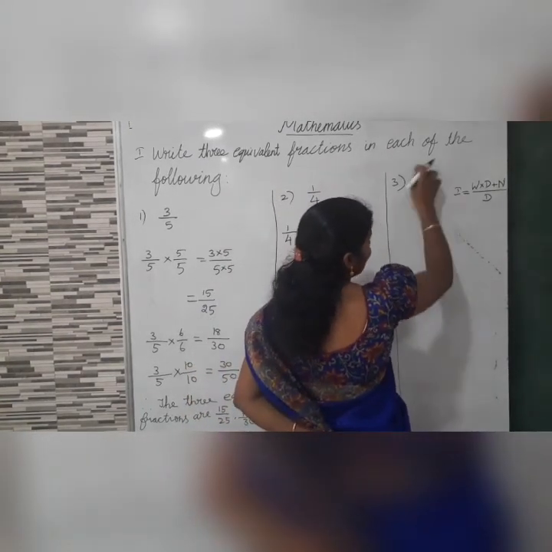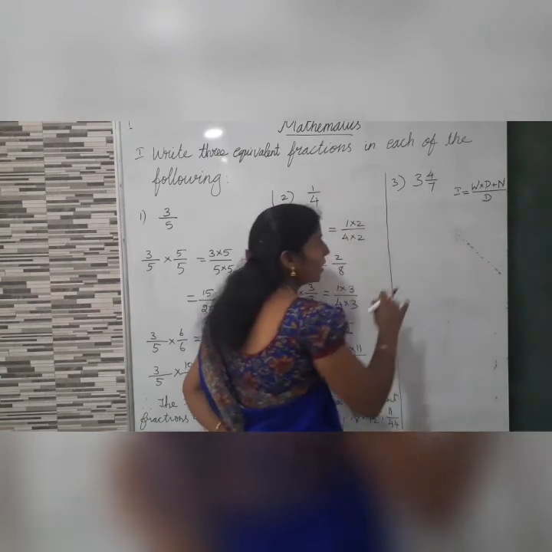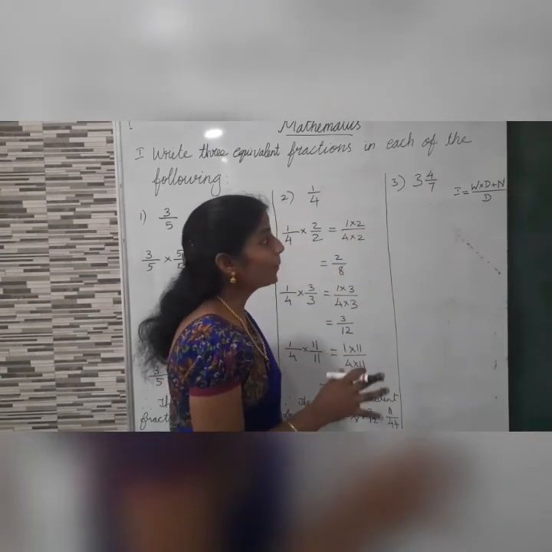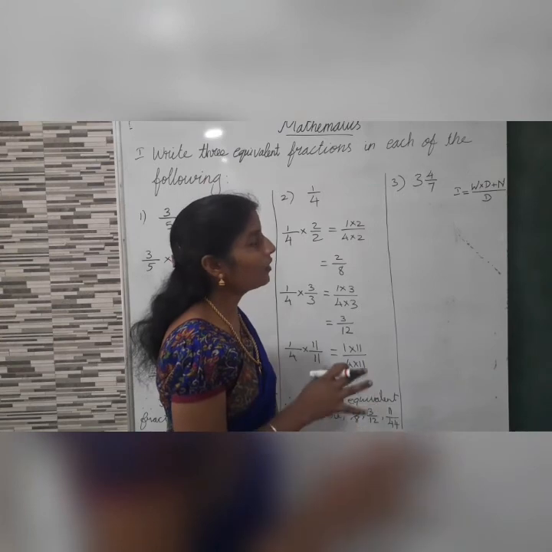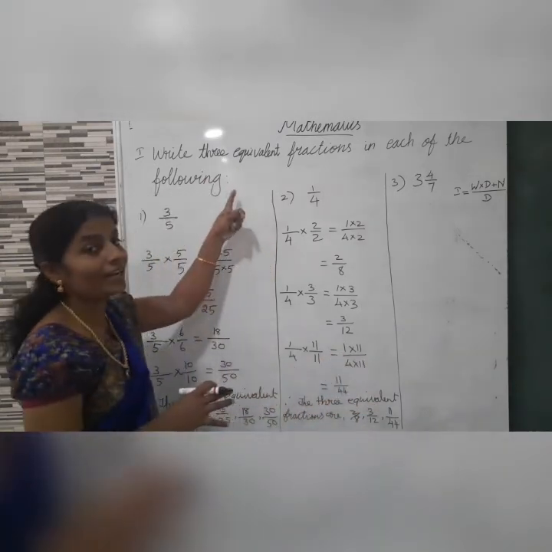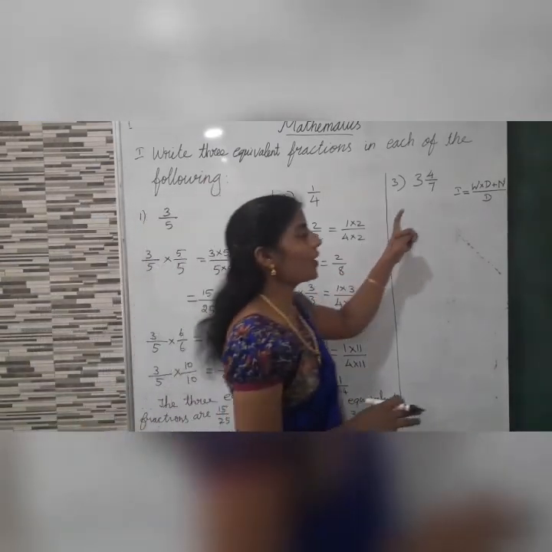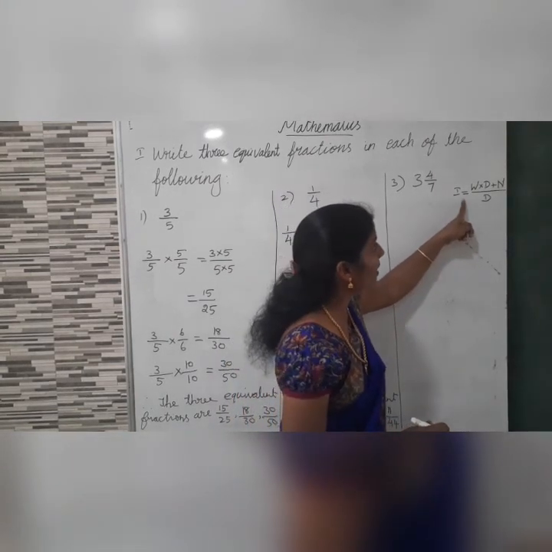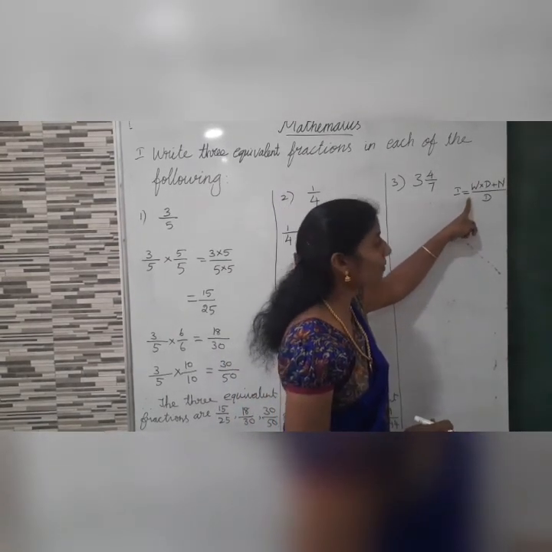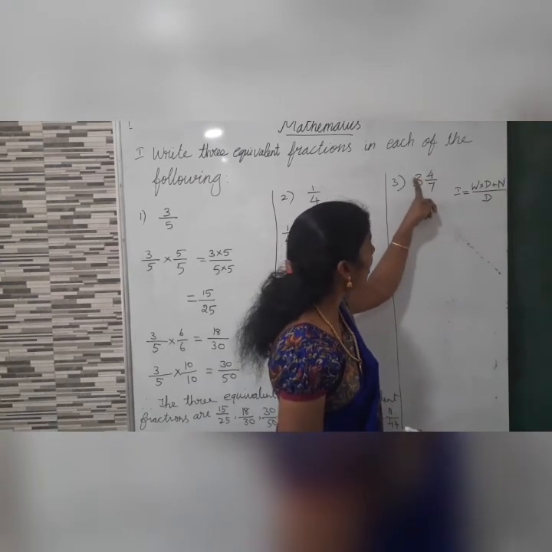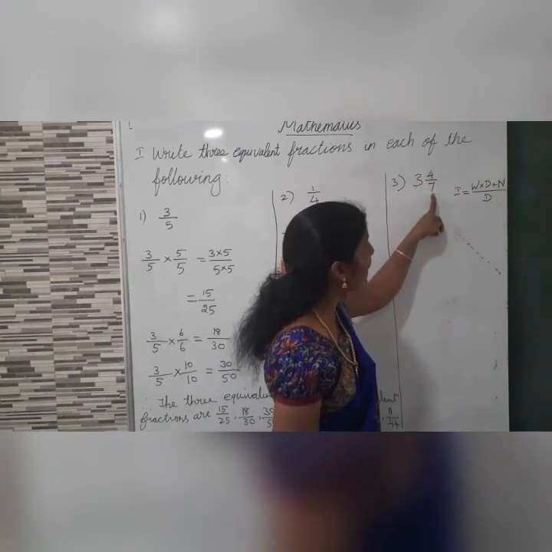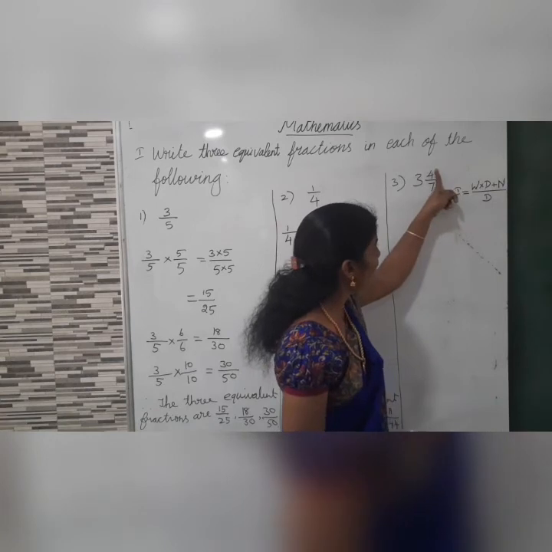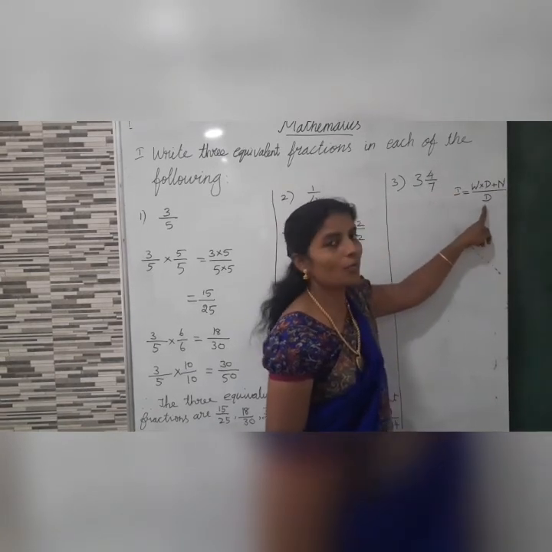This is the mixed fraction. Now we want to convert it into an improper fraction, then only we can find the equivalent fraction. Improper fraction is equal to whole into denominator plus numerator divided by denominator.